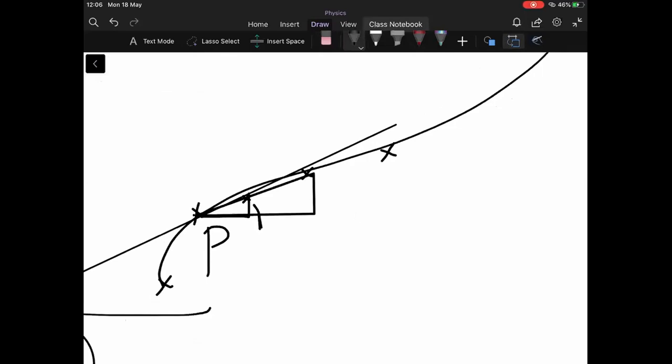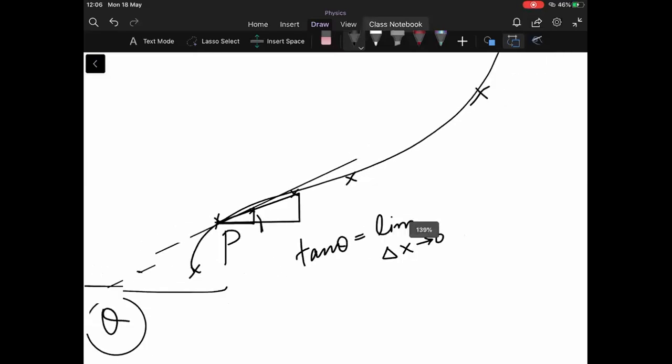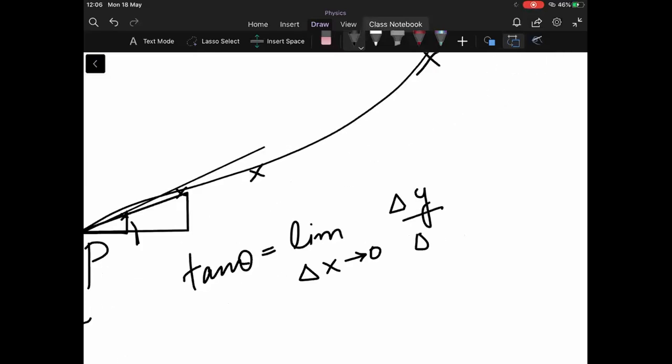So the process of finding this at point P can be written as tan theta equals the limit of delta x tending to 0 of delta y by delta x. This is also quite a lengthy expression, so what we do is we simply write dy by dx.